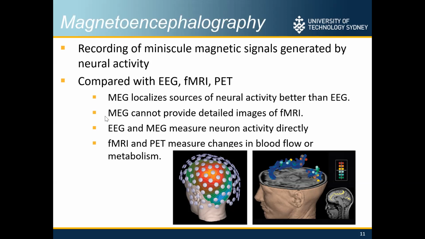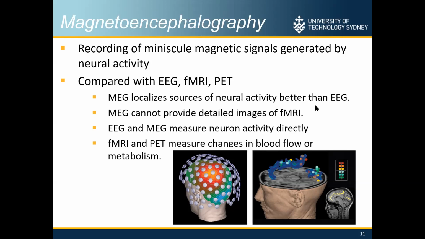With that said, if you're comparing MEG to neuroimaging, like the functional MRI or a PET scan, the MEG fails in comparison in terms of generating detailed images of the brain. Therefore, although the MEG has a better spatial resolution than an EEG, it doesn't have a better spatial resolution if we compare it to a functional MRI or a PET scan.